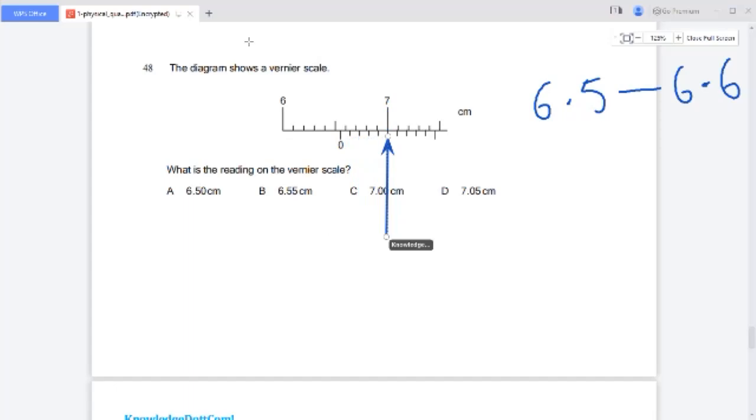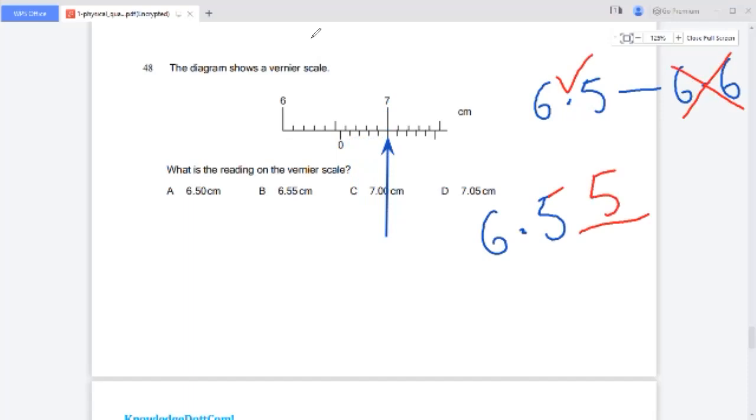So the fifth one. How do we write the reading? It is 6.5, and there the fifth number, so we will put 5 over here. So this is the correct option.